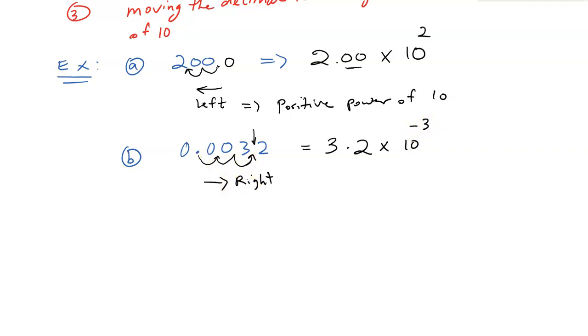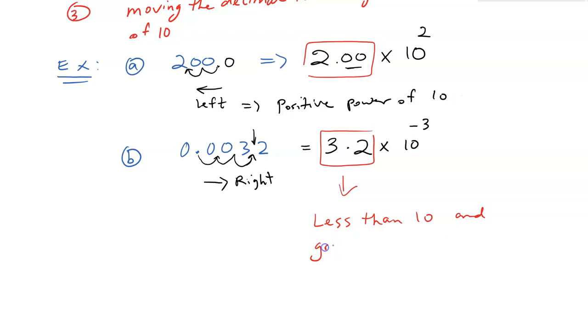One more thing: in scientific notation, the very first number that shows up before the power of 10 must be less than 10 and greater than or equal to 1.